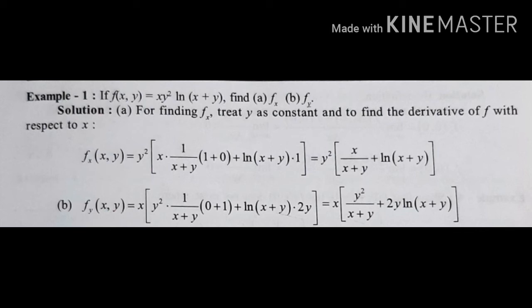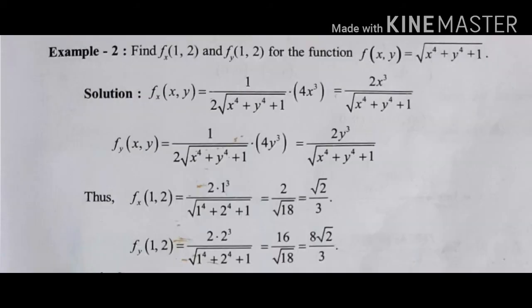Now in the bracket, the derivative of x is 0 as a constant, plus the derivative of y is 1, bracket closed, plus the second function unchanged, ln(x + y). Now the derivative of y² is 2y. Now the bracket is closed, and we arrange it: equal to x [y²/(x + y) + 2y ln(x + y)].